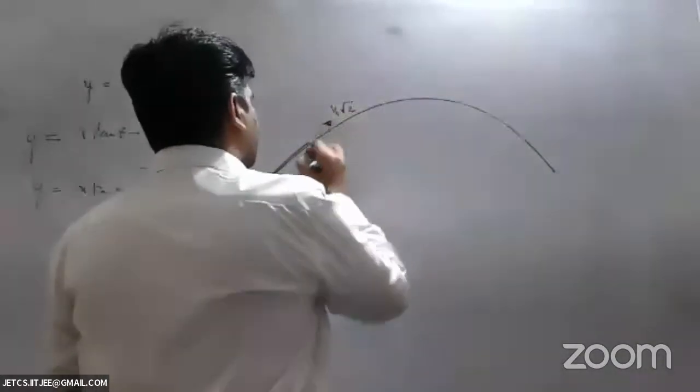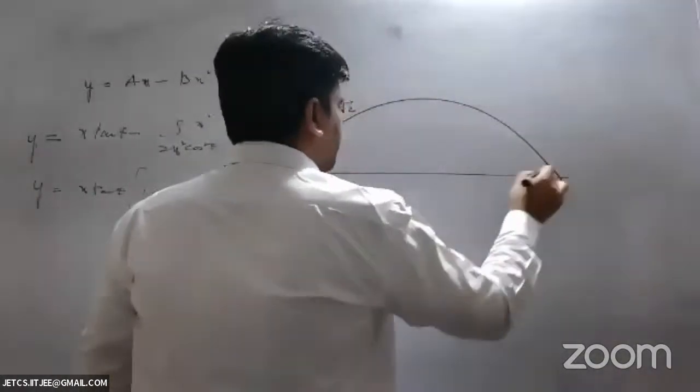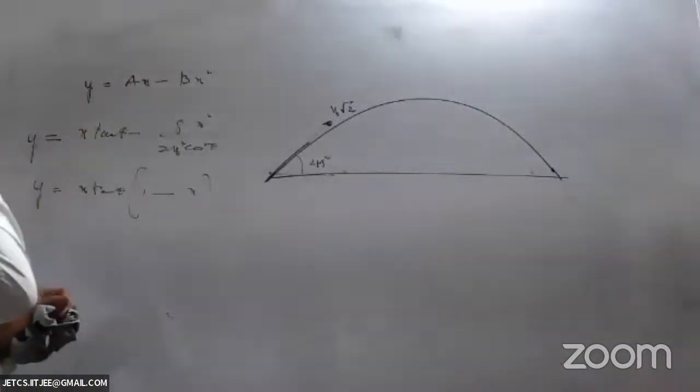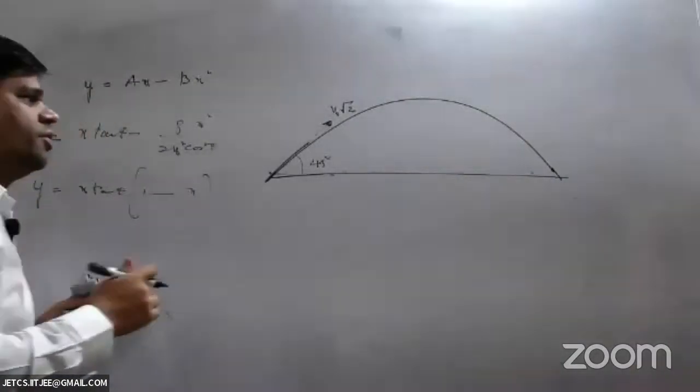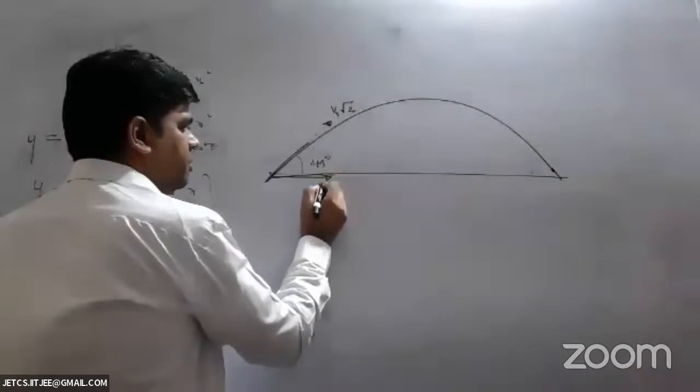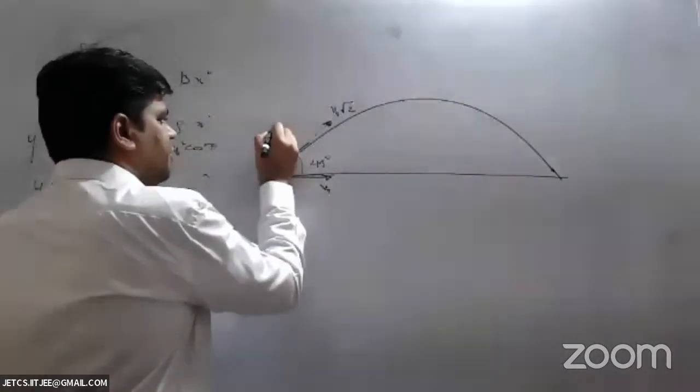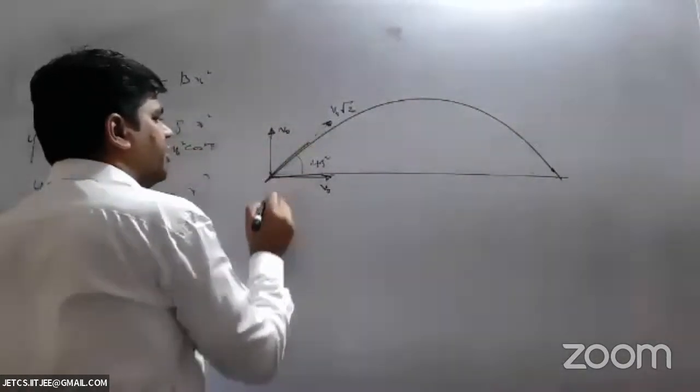I will determine the range, maximum height, and time of flight. Horizontal velocity is v naught root 2 cos 45, which is v naught. Vertical velocity is v naught root 2 sin 45, which is again v naught.